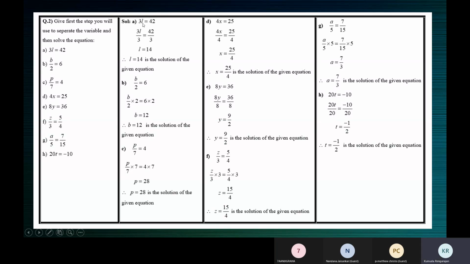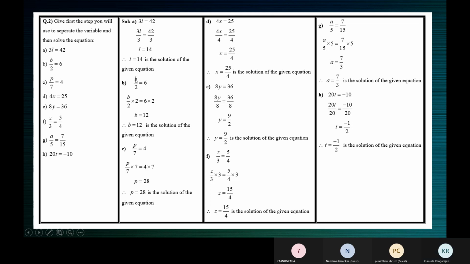How will you do that? You should divide by 3 on both the sides. Then 3 and 3 will get cancelled. So you have L is equal to 42 by 3, which is 14. L is equal to 14 is the solution of the given equation.